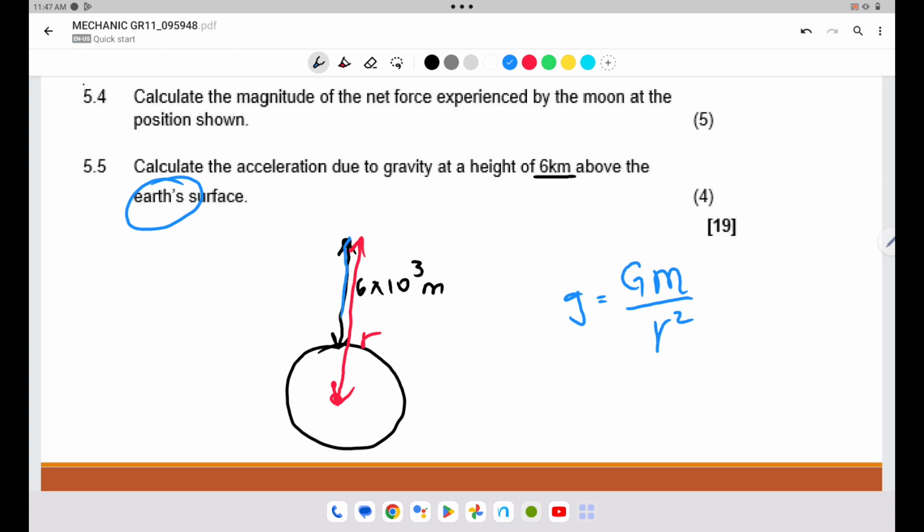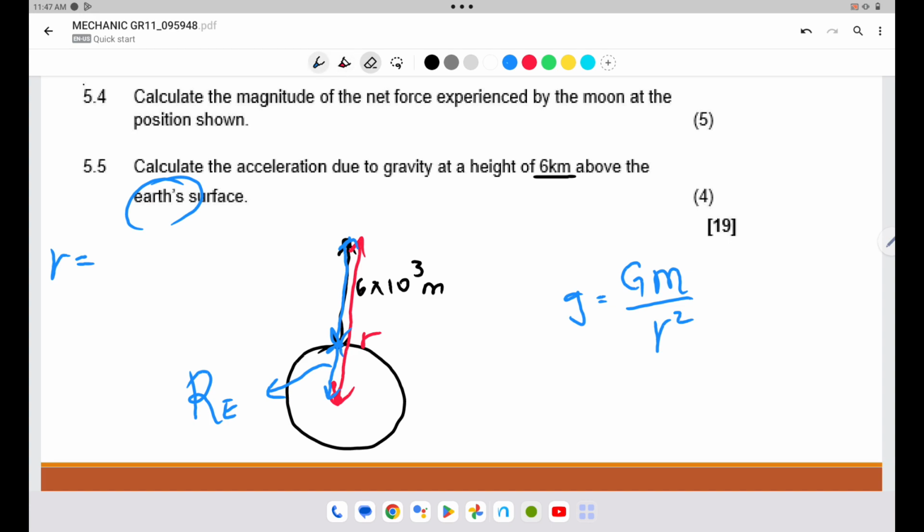We know that little bit over there, that is 6 kilometers. It means we must find that little bit. So from the diagram, we can clearly recognize that that little bit is actually the radius of the Earth. Let me use symbols first before I sub in.